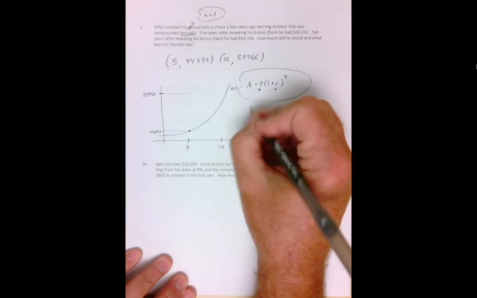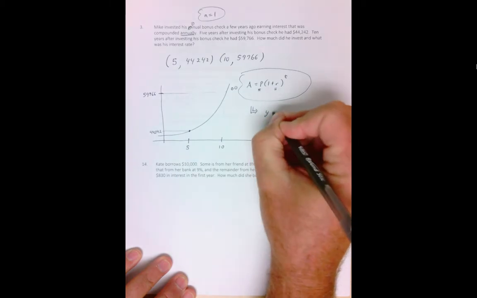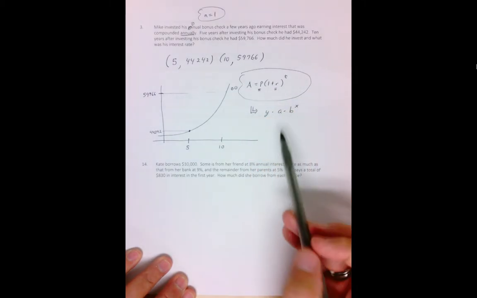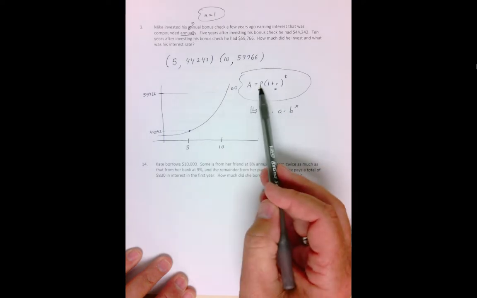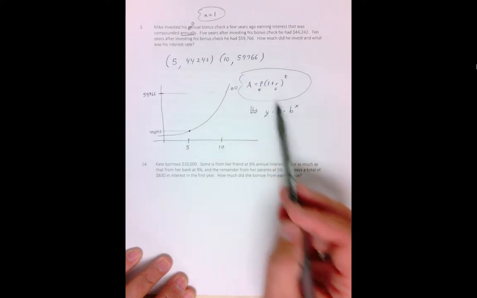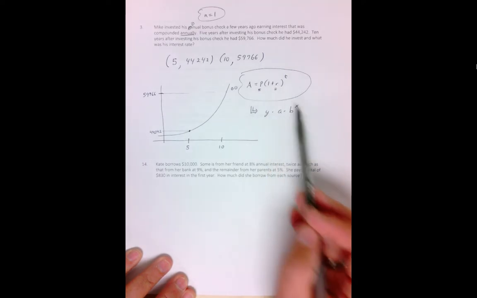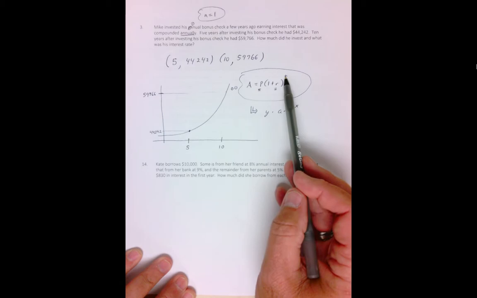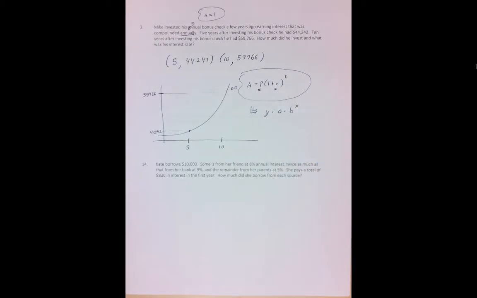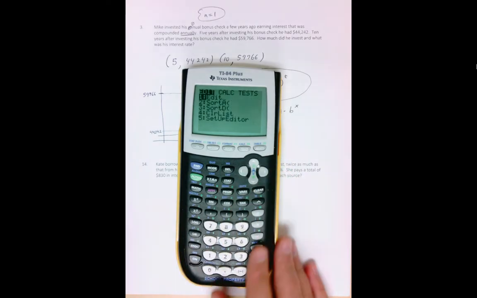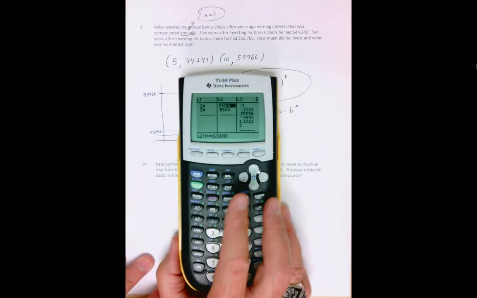You can think of this as y equals A times B to the x power, where A is our leading coefficient, B is the 1 plus the R, and x is our time. Well, guys, we've got a calculator function that takes care of that for us, but the first thing we've got to do is, just like in a linear function, put in our values.